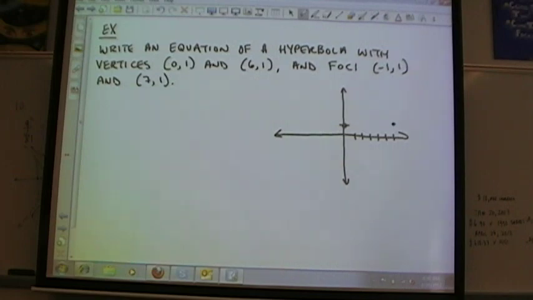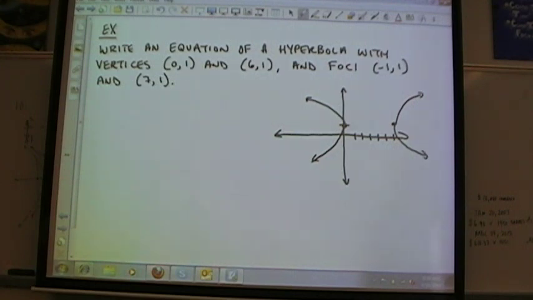Based on just the vertices, which way do you know that the hyperbola is going to open? Left, right, or up, down? Left, right. Okay, so it would open here, and we don't have to be exact because we don't have our asymptotes yet.